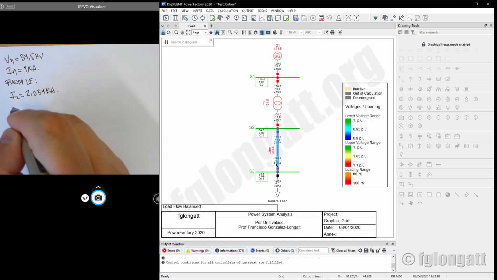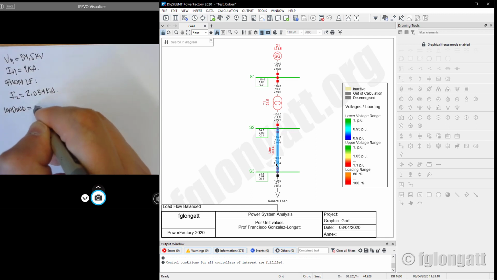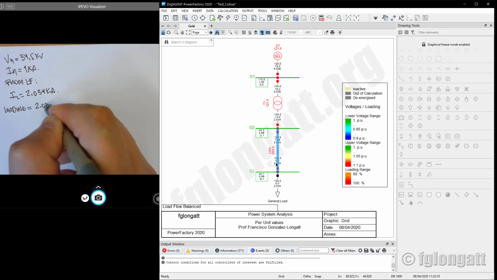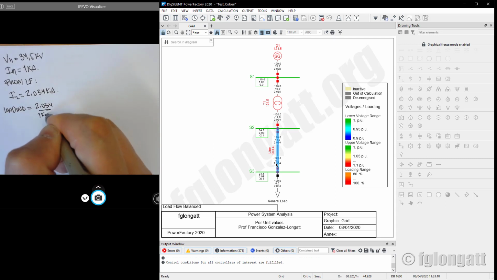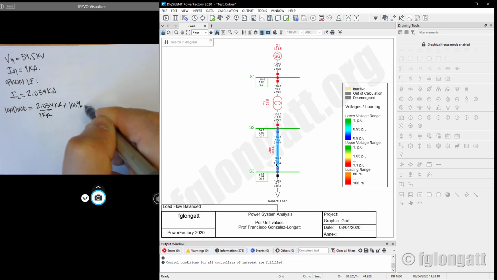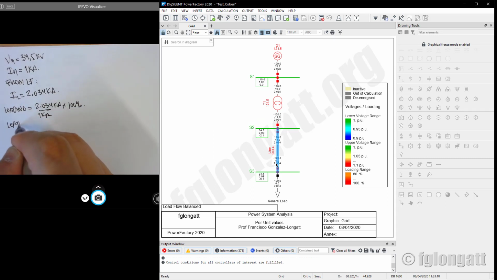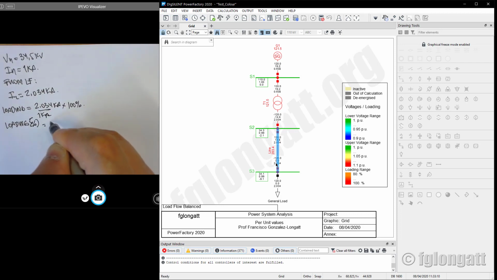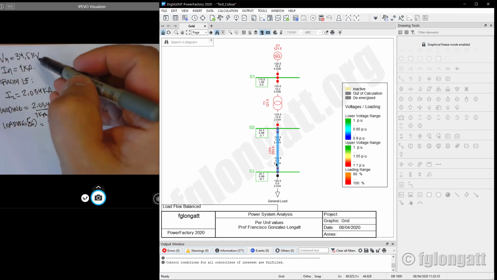Now, if you calculate the loading in this case, it will be 2.034 divided by 1 kiloamp multiplied by 100%, and we can see here that the loading in percentage is 203.4%. What is going on here? Well, what is going on here is those values.